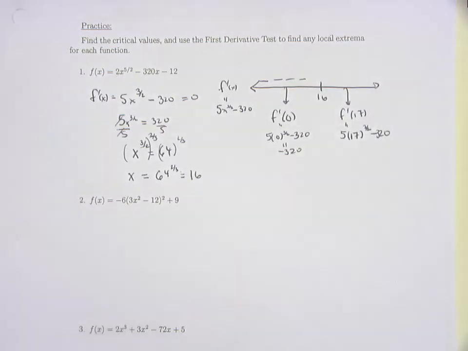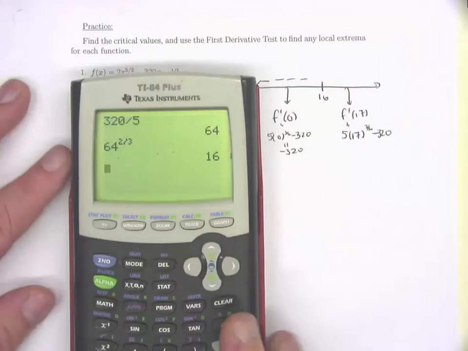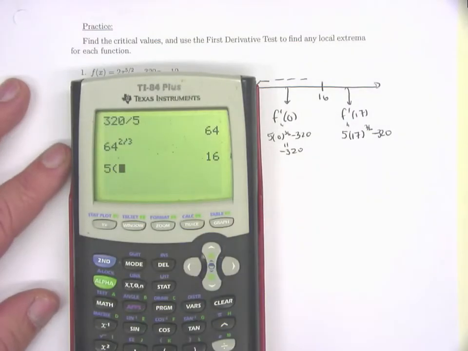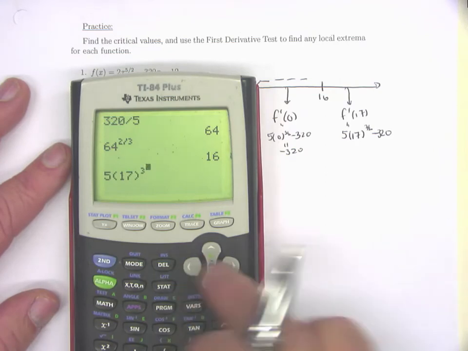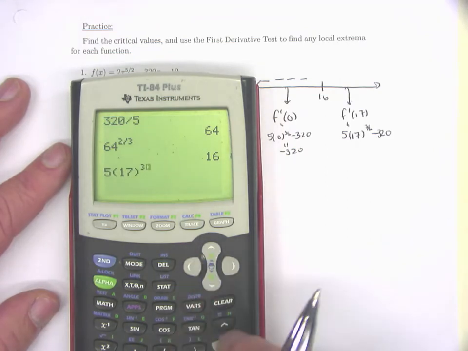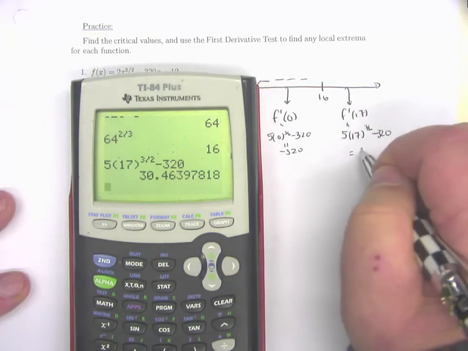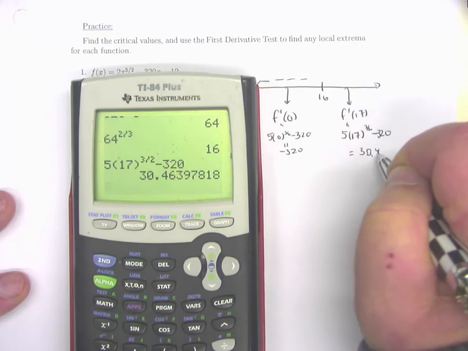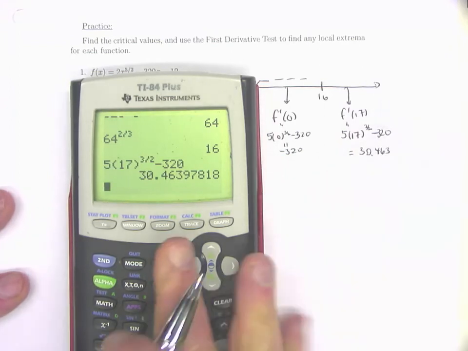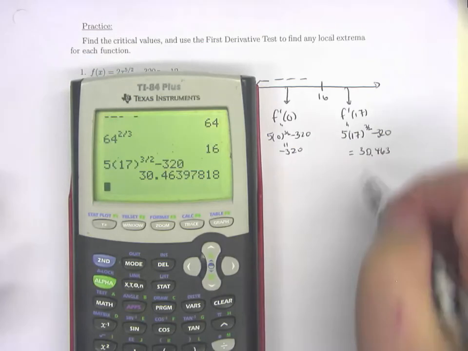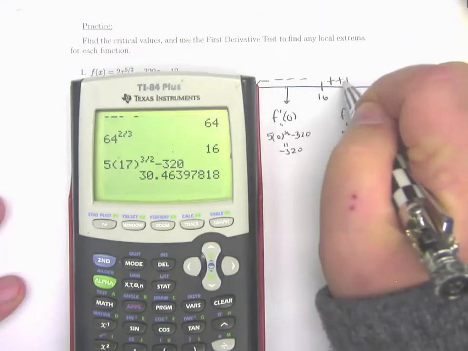Grabbing the old handy dandy calculator on that one. 5 times 17 to the 3/2 power minus 320 is 30.463 something or other. I don't care what the number is. What's the sign of it? Positive. Everybody in this interval is positive.